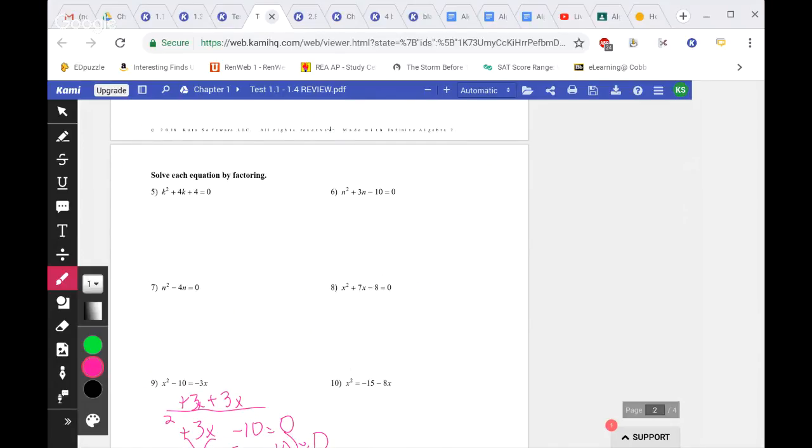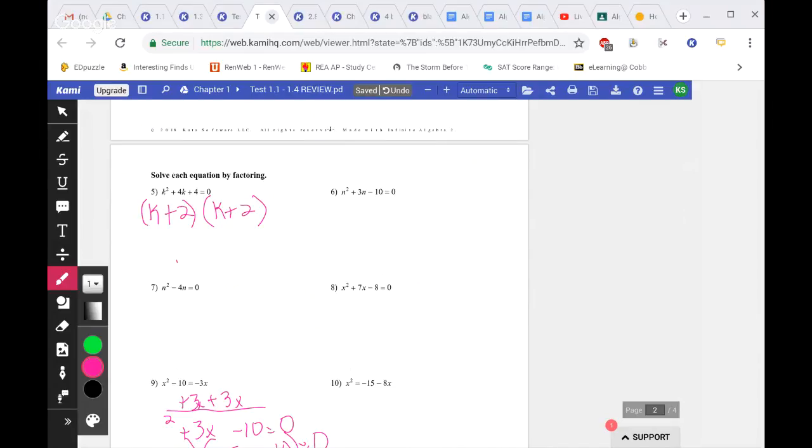Okay. So on number 5, what two factors of 4 multiplied give you 4 when you add them? This is actually a perfect square also. 2. Yes. So that one's fairly easy.